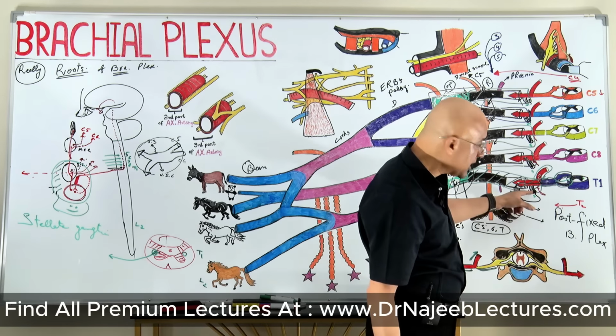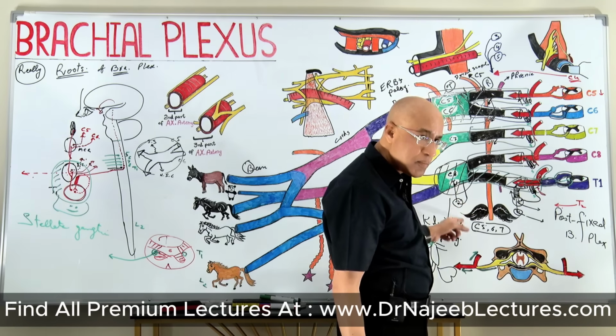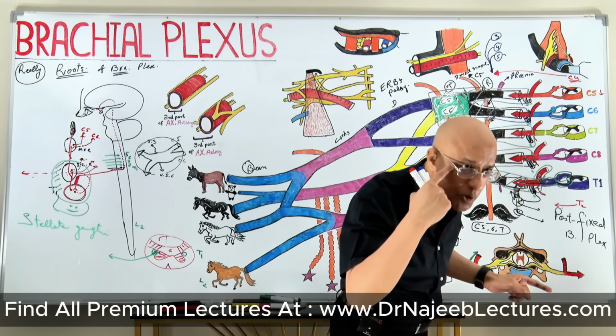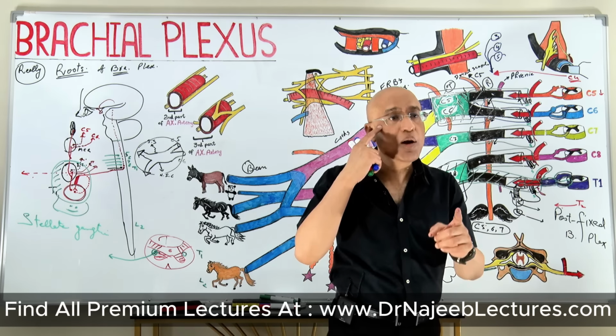Especially sympathetic outflow is going through T1, and if the lower brachial plexus is damaged, it can be accompanied with Horner syndrome. But if the upper part is damaged, Horner syndrome will not be there.